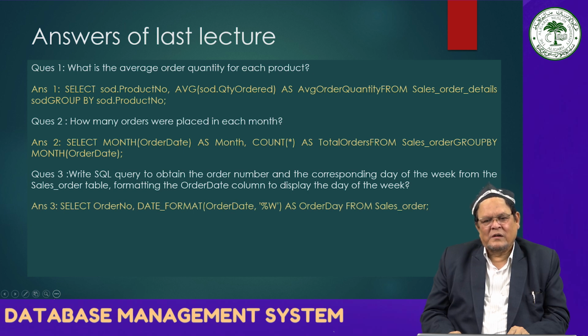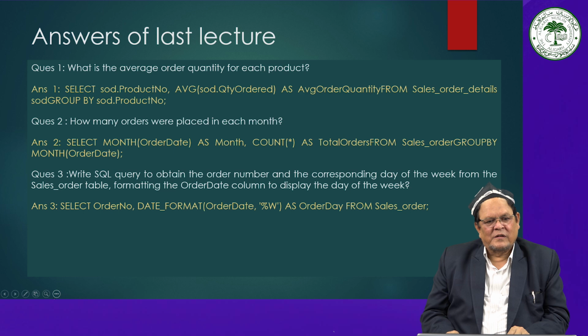But last week, I gave the answer, and I wanted you, by seeing the answer, to make the question. I gave: select order number, comma, date format, within parentheses order date, comma, %W within quotes, as order day from sales order.